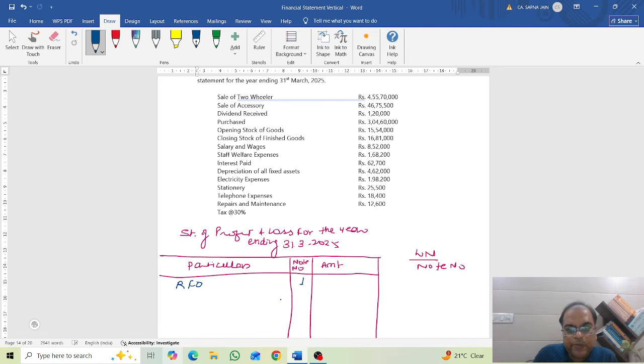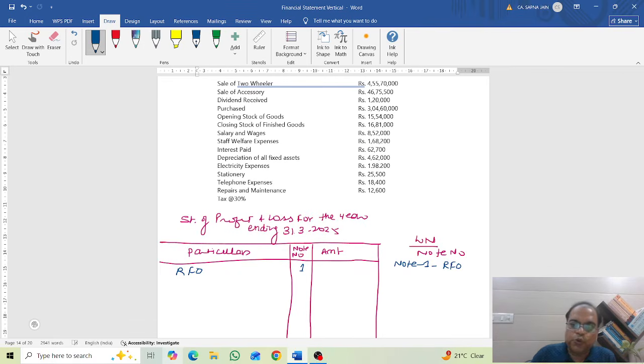So now we will prepare note number first for revenue from operation. The revenue from operation includes sale of goods, sale of main goods, as well as sale of other goods. In that case, sale of two-wheeler as well as sale of accessories both are classified under revenue from operation. Is this clear?